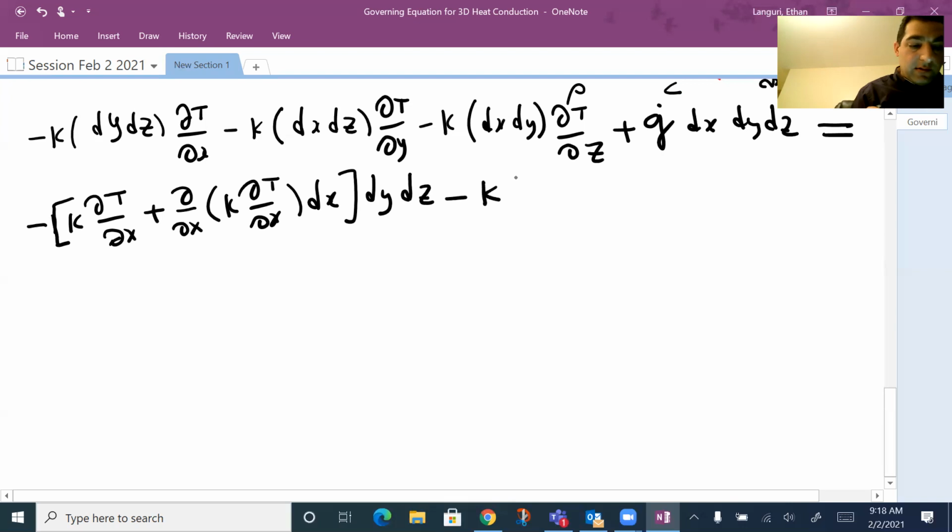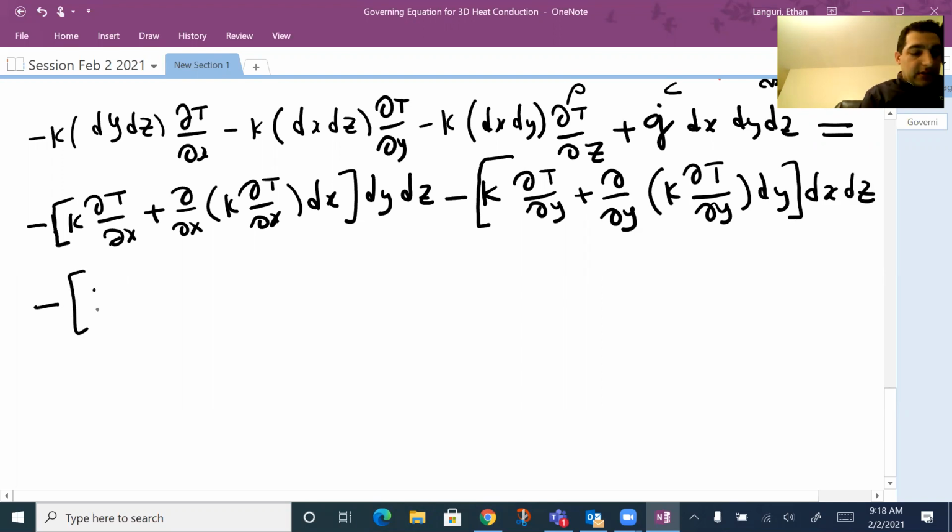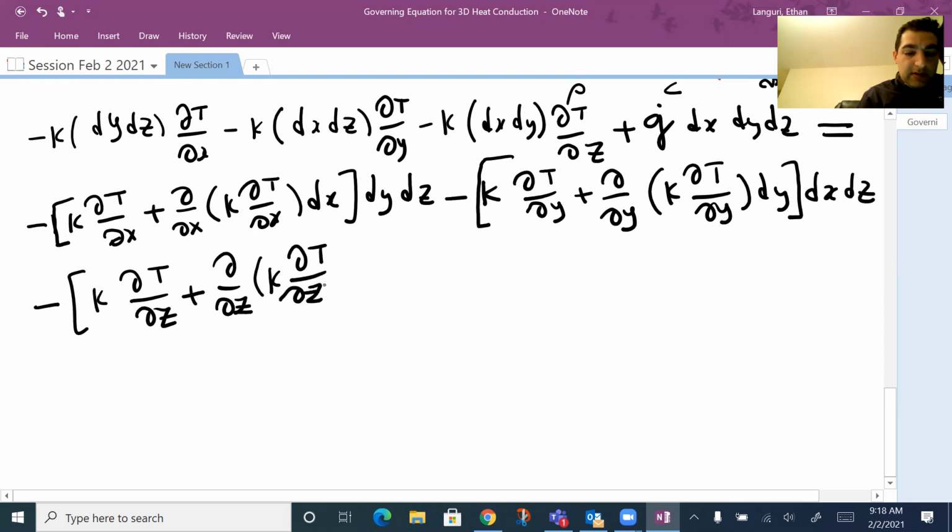Same thing for the y term, minus k del t over del y plus del over del y of k del t over del y dy times dx dz, and minus k del t over del z plus del over del z of k del t over del z dz times dx dy, my volume, my area.